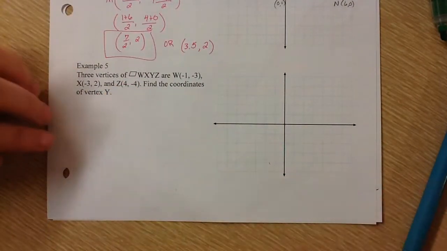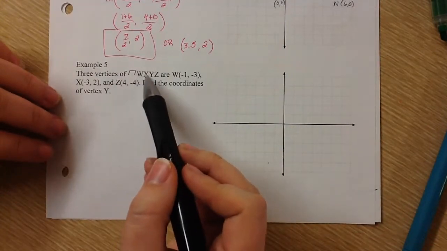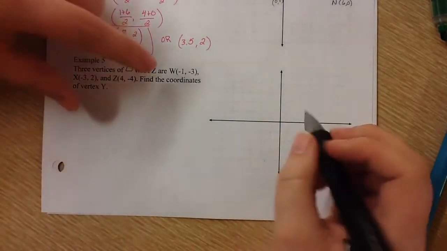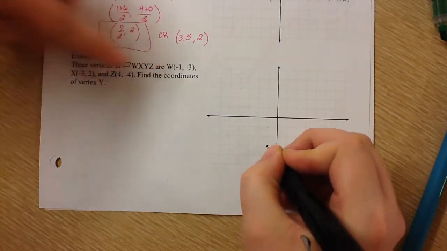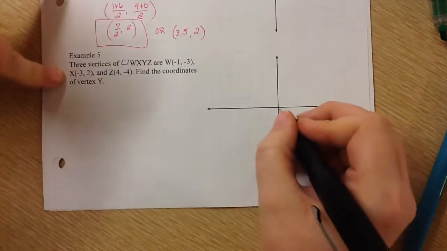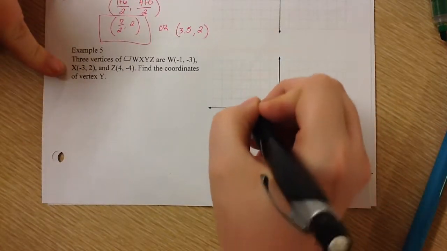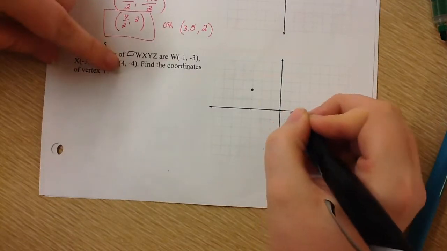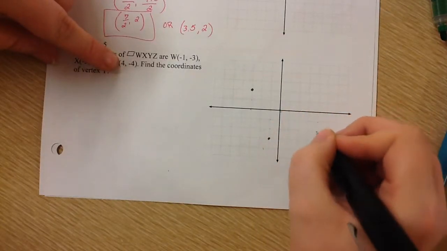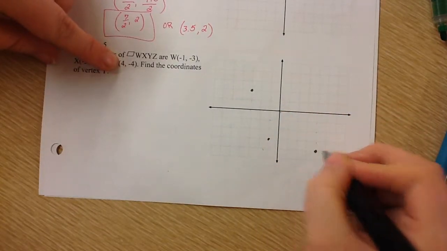3 vertices of parallelogram WXYZ are given. W is at (-1, 3). X is at (-3, 2). Z is at (4, -4).